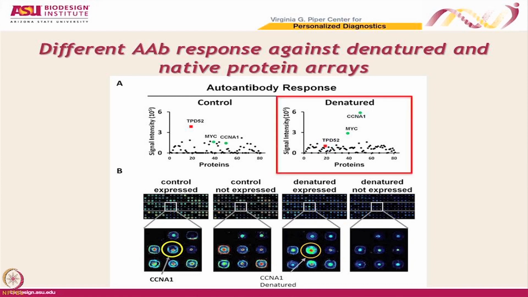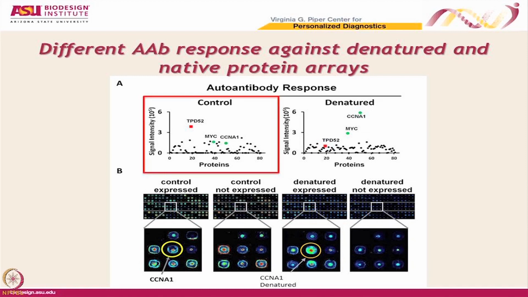Here you see the denatured protein, and then here you see the standard conditions. And here you can see that this antibody specifically detects under standard conditions, whereas these two antibodies only detect cyclin A and MYC under denatured conditions.